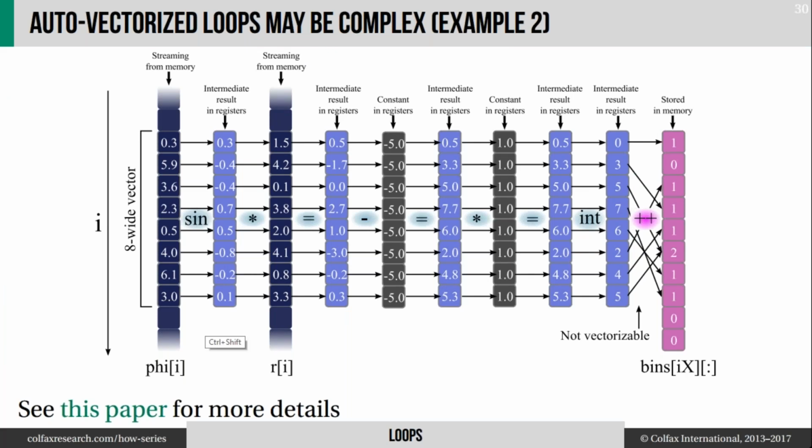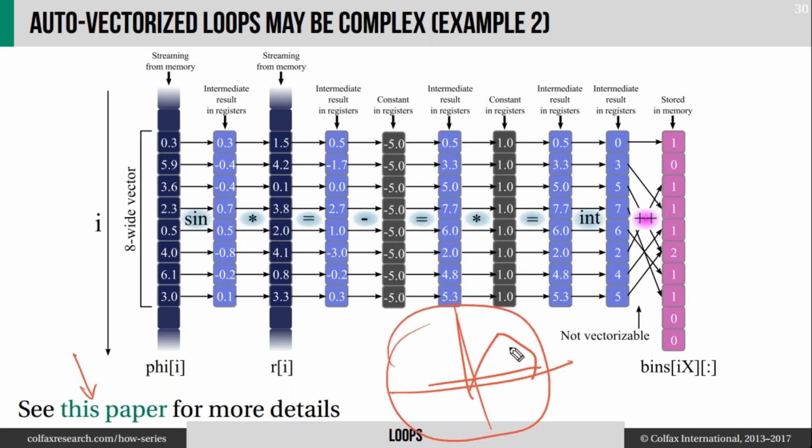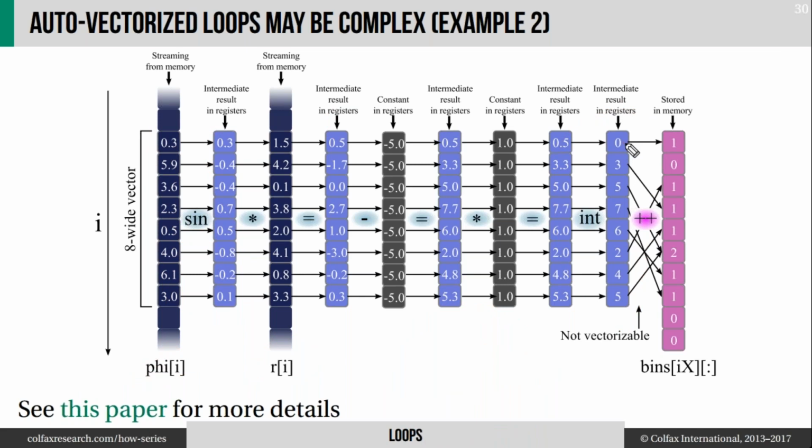There's another example from this paper where you have particle detection events occurring in a cylindrical detector, and you get coordinates of these events in polar form, phi and r, and you take blocks of these phi and r values, apply the sine function to convert them to the Cartesian coordinate grid, do rounding to an integer, multiplication, this is conversion to an integer, and even histogram calculation can be vectorized on a Knights Landing processor.